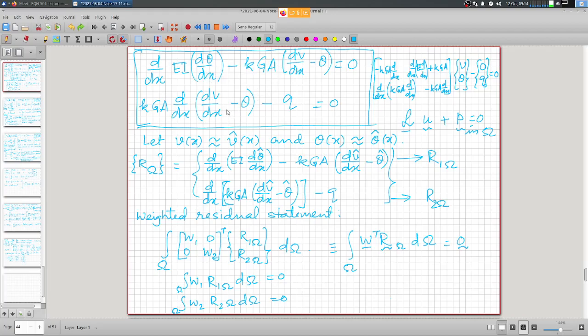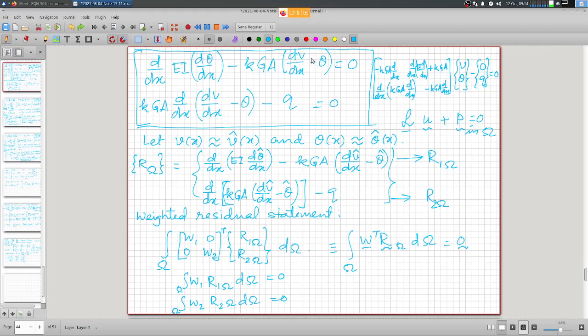Two second order differential equations which are coupled together through their unknowns, that is the section rotation theta and the transverse displacement v. Right. So they are second order differential equations individually, but obviously they cannot be solved independent of each other. So they have to be treated in combination together as simultaneous equations.